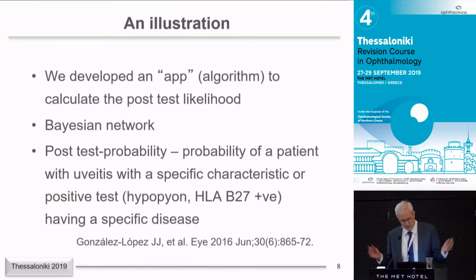As an illustration, we developed a little application to calculate this for common conditions of anterior uveitis, and we plugged it into a little formula, and it would give you the probability of it being a specific anterior uveitis type condition. This was published a few years back. You can look it up.